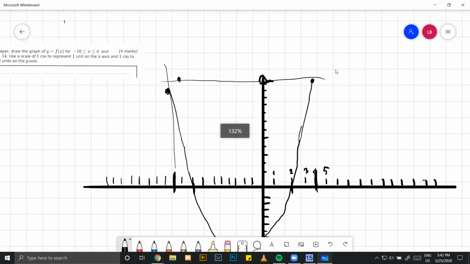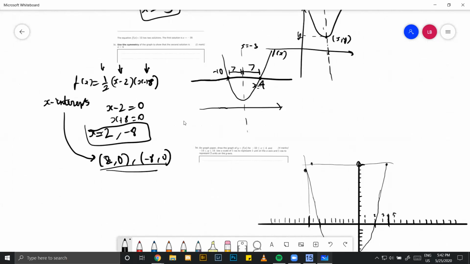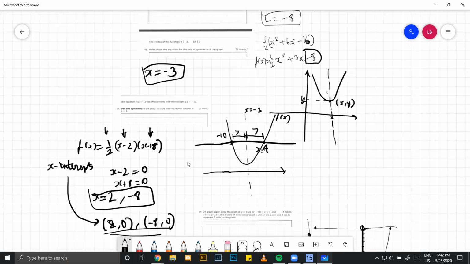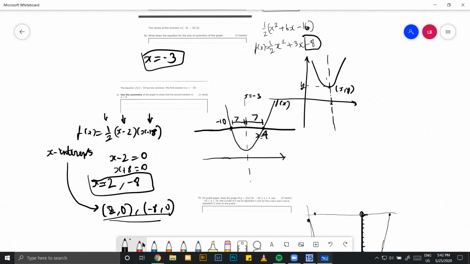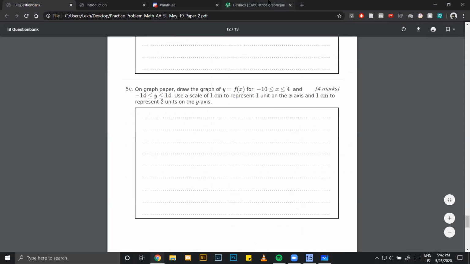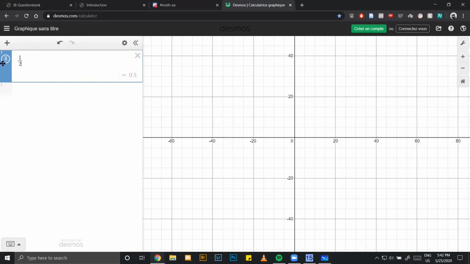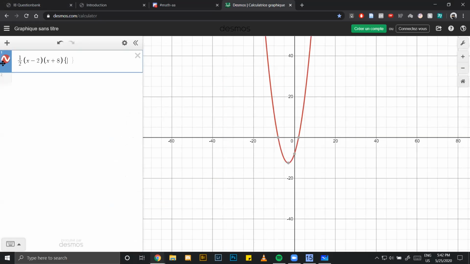To really make this proper, I'm going to go into Desmos and show you exactly what it looks like. That's half x squared minus 2x plus 8. I can restrict x to be between negative 10 and 14.